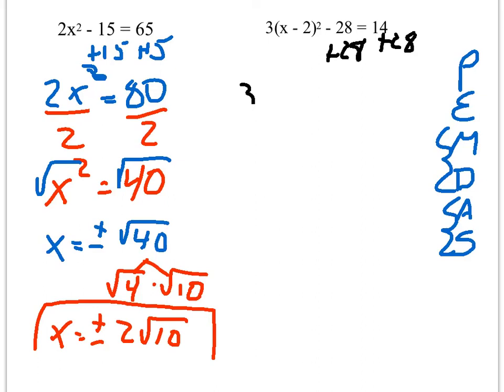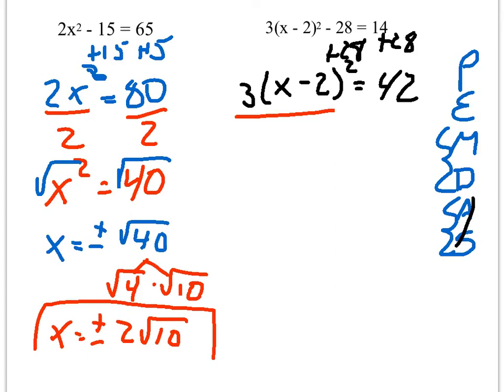So we would have 3 times the quantity x minus 2 squared equals 42. So we're done with the add subtract. Now we move up to multiply divide. So we can divide both sides by this 3, get it away from that x. So we have x minus 2 quantity squared equals 14.